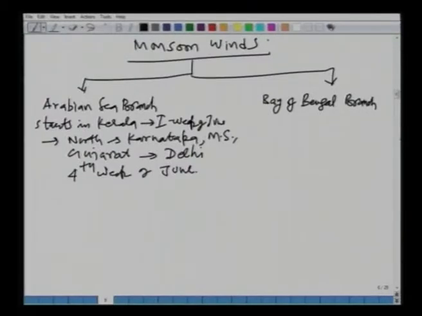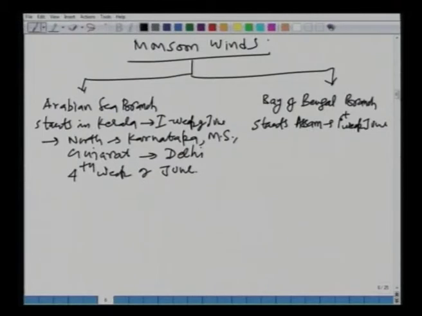Well, it starts in Assam around the same time, first week of June, as the Arabian Sea branch, which starts around the same time, first week of June in Kerala.